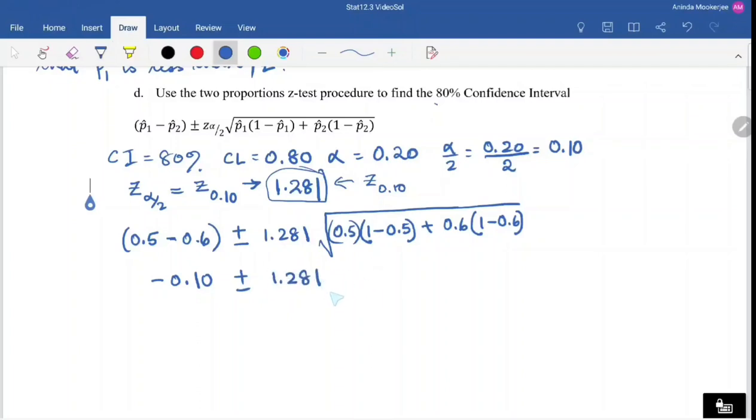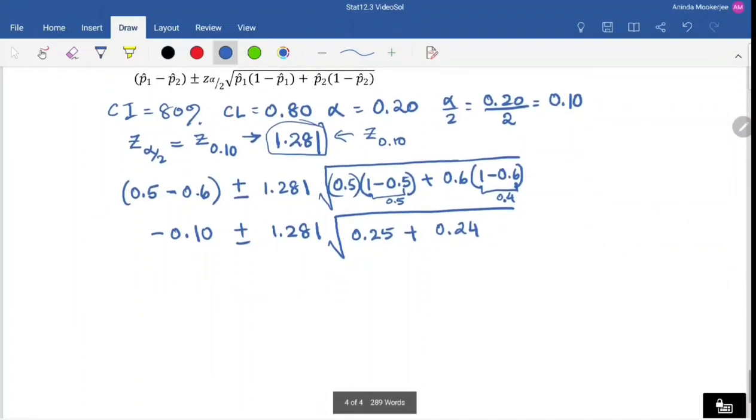1.281, and under this radical we have 0.5. Now 1 minus 0.5 is 0.5, and when we multiply the two 0.5, we should come up with 0.25, plus 0.6, and 1 minus 0.6 is 0.4, so it's going to be 0.24. 6 4s are 24, so 0.24.